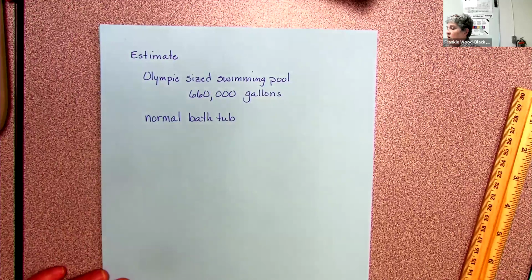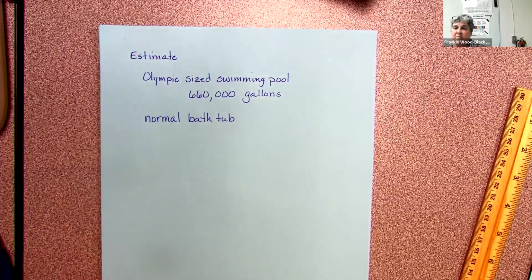Most of us have an idea of what a normal size bathtub looks like. But if you go and type it into Google, I will tell you it has changed over the years because of water conservation.